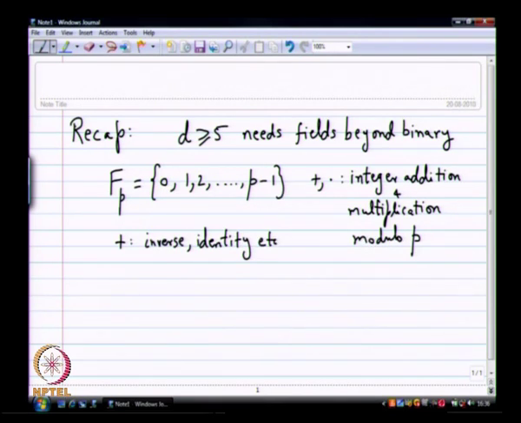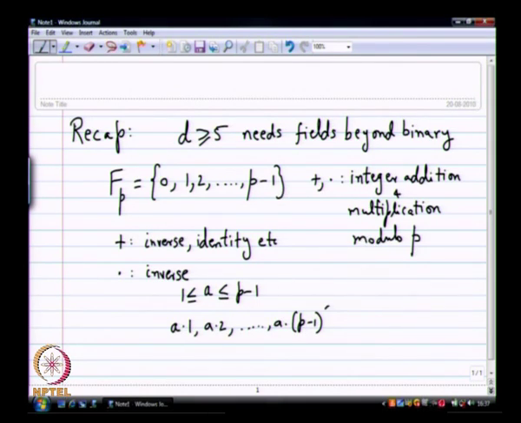For multiplication, the inverse is a little bit tricky, and I had an argument towards the end of last class. The basic idea is, if you take any a which is between 1 and p minus 1, and look at the set a times 1, a times 2, so on till a times p minus 1, there are no repetitions.